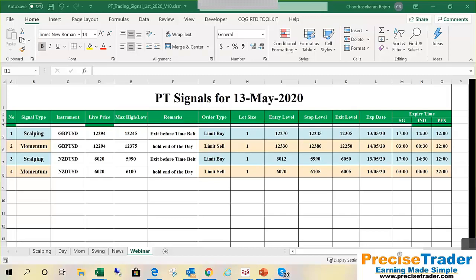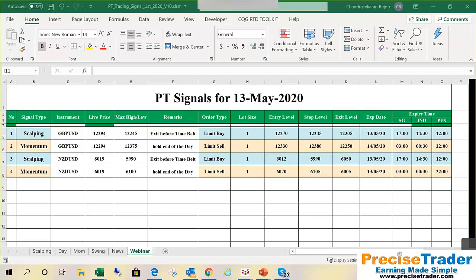Correct. Let's assume we are in this trade, and we have an exit level at 12305. If I entered at 12270, I'm making 25 pips.